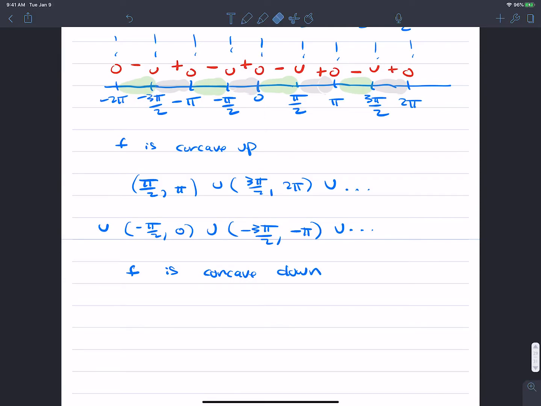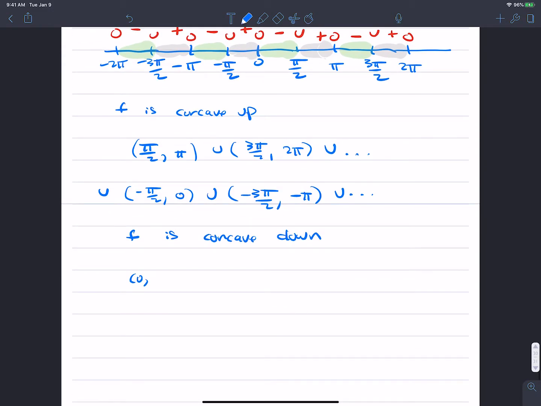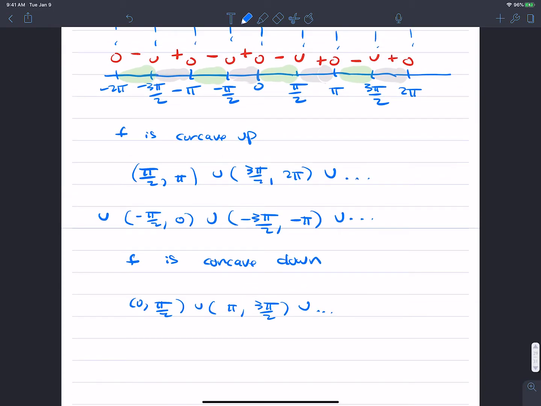And the green regions, we're now going to say 0 to pi over 2, union pi to 3 pi over 2, and that'll go on forever. The negative, join it with the negative side there. Negative pi to negative pi over 2, union negative 2 pi to negative 3 pi over 2. And that goes on forever.